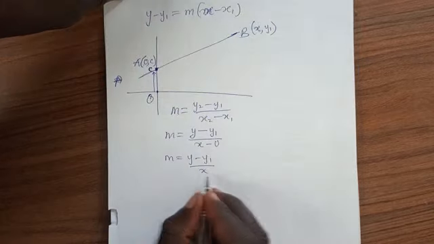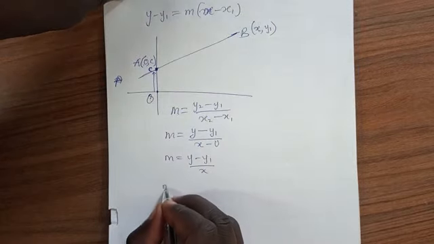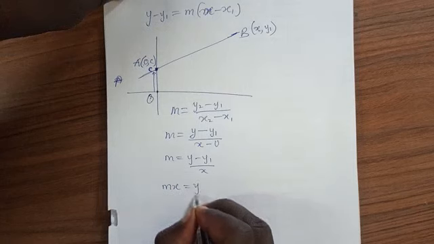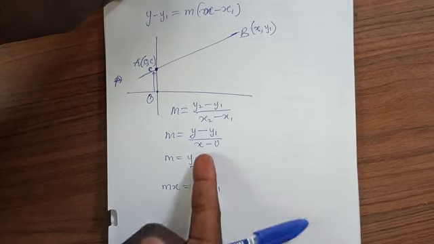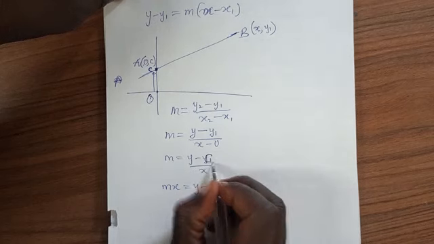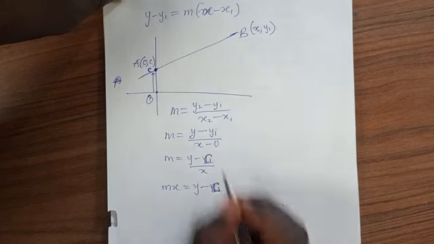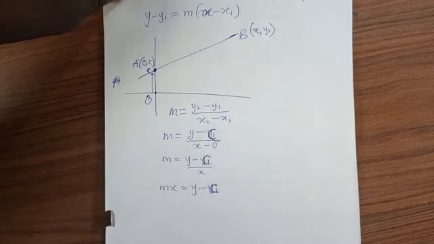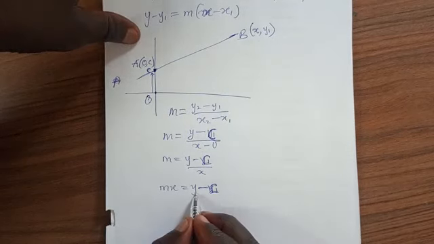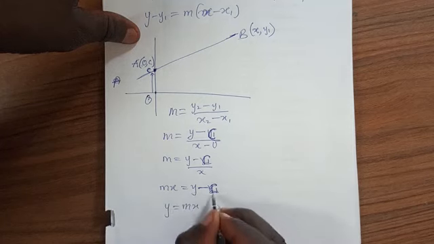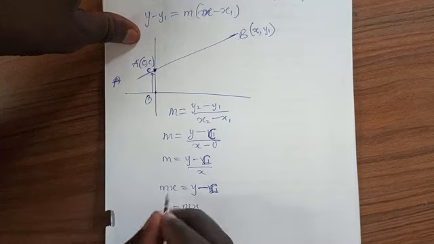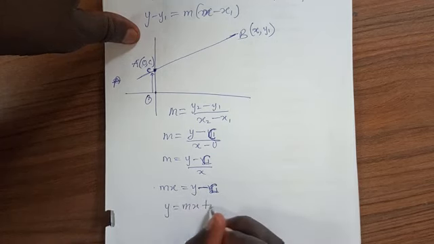We can cross multiply. We have mx is equal to y minus y1. But y1 is C, so we just substitute C. Making y the subject of the formula, we have y is equal to mx, and minus C going to the other side becomes plus.